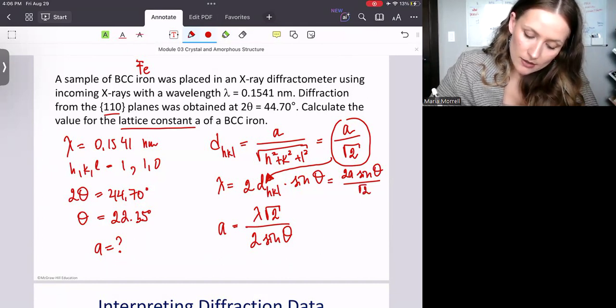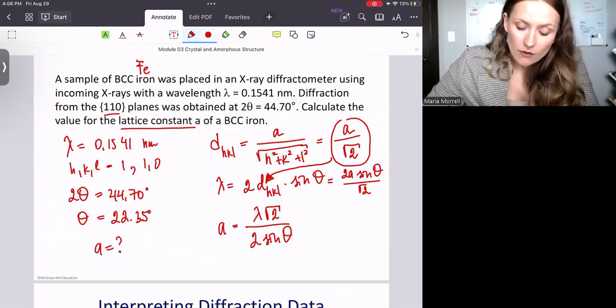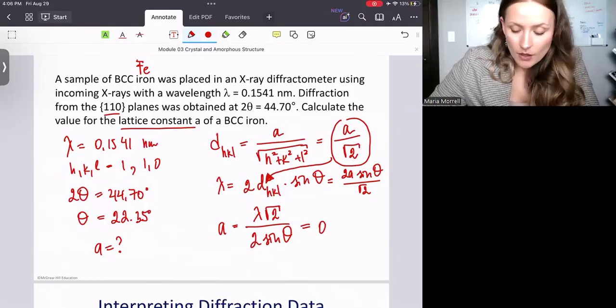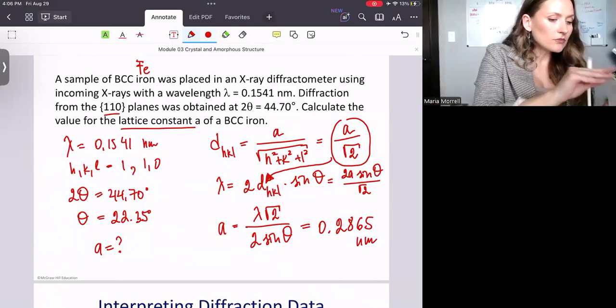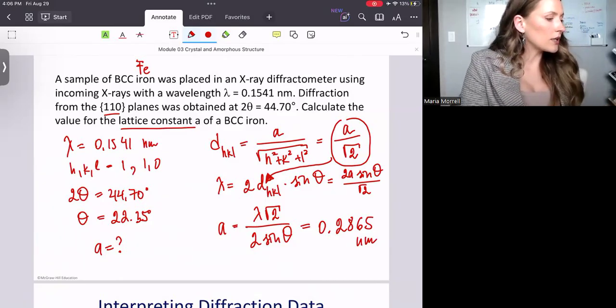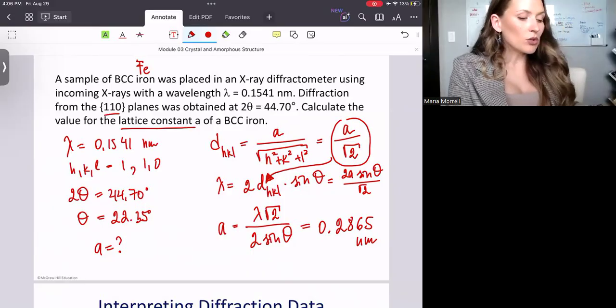So your A is going to be wavelength times square root of 2 divided by 2 sine theta. Now, if we do the math, I got 0.2865 nanometers.